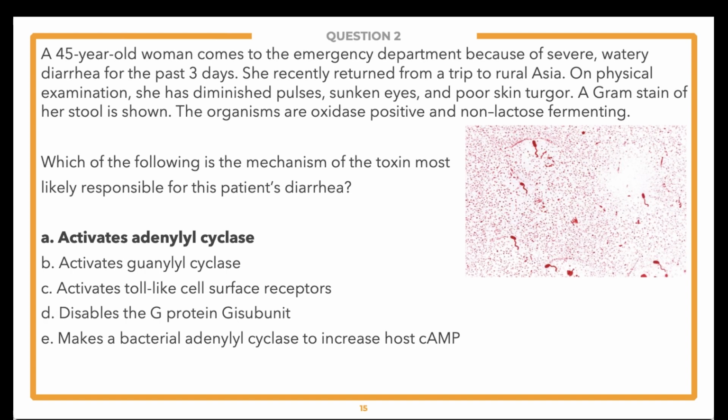Now we need to answer step 2 here, which is figuring out the disease mechanism. So the Vibrio cholerae toxin ADP-ribosylates the G protein Gs alpha subunit, and that in turn is going to activate adenylyl cyclase.